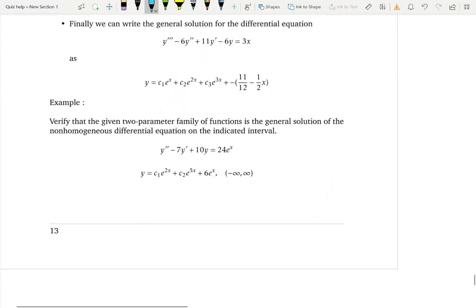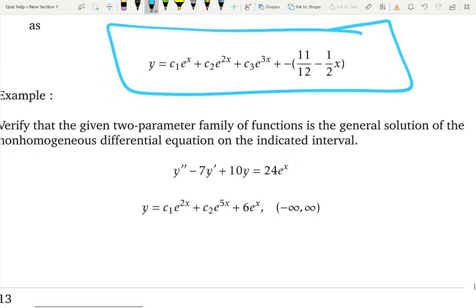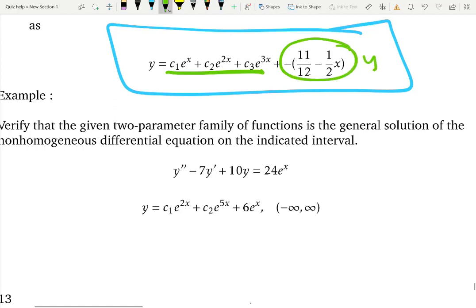So that is what I have exactly done here. Now when you look at a solution, you can identify the complementary solution and the particular solution. You can distinguish them because the complementary solution will always have arbitrary constants. So see, this part is the complementary solution, this part is y sub p. So I just add y sub c to y sub p. Do you see what I mean?